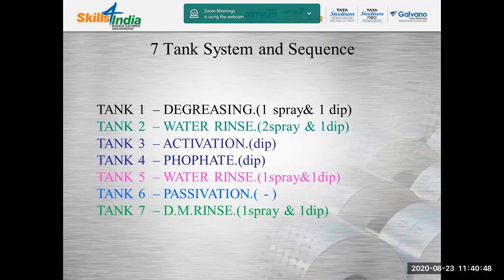Phosphating is done if it is MS, but if it is steel or some other metal, the surface treatment will be different. Then after phosphating, water rinsing is required. Then passivation, and then demineralized water rinsing.